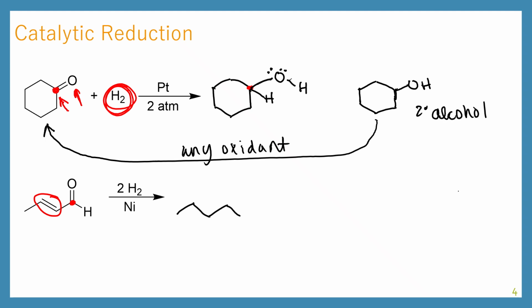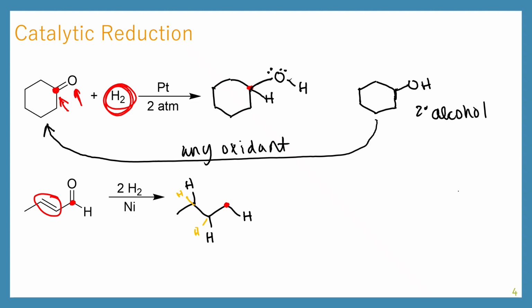stays the same. I'm going to go ahead and keep drawing the aldehydic hydrogen just so we can keep track of that. This is my carbonyl carbon. I'm adding additional hydrogens to these carbons as part of the reduction of that alkene. Now keep in mind there were already hydrogens there, so these hydrogens were also already there.